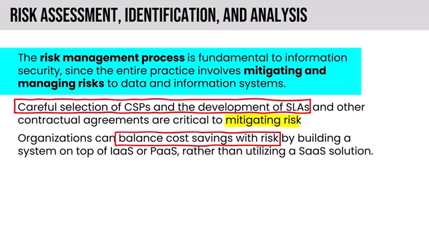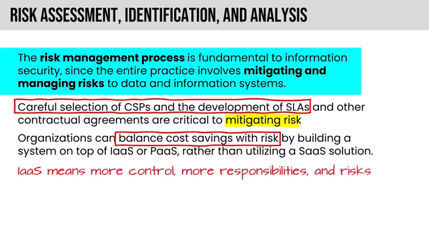Organizations can balance cost savings with risk by building a system on top of IaaS or PaaS rather than utilizing a SaaS solution. Bearing in mind that if we go that IaaS route, as a customer, IaaS means more control, more responsibilities, and ultimately more risks that are our responsibility to mitigate and manage.